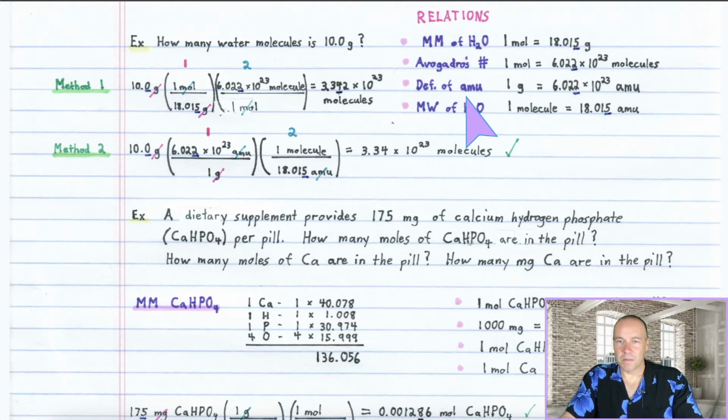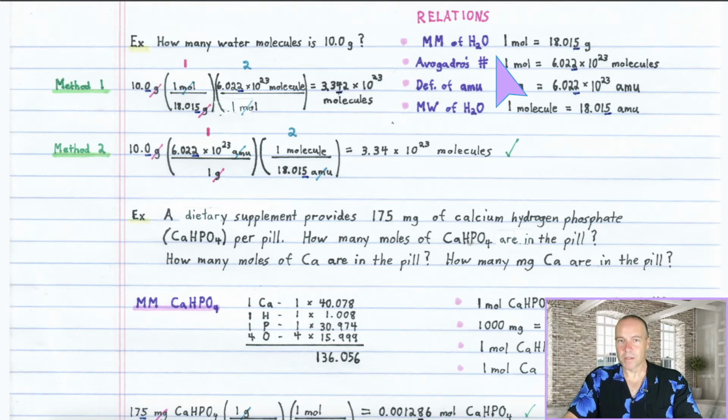Now, using these 4 relations, we need to somehow connect grams with water molecules. And if you look closely at the first 2, you can use the first one to get from grams to moles, and then the second one to get from moles to molecules. So we can answer this question with these first 2 relations.